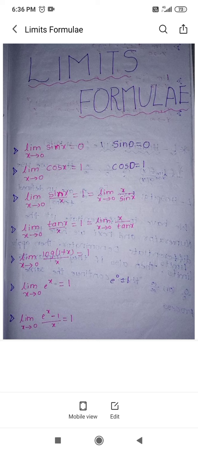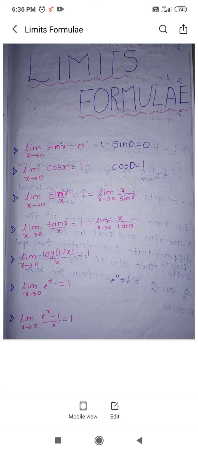Next formula, limit x tends to 0, tan x by x is equals to 1. Same as sin, in the numerator we have to write the x coefficient of tan x by x. What is the coefficient of x in the numerator? 1. So answer is 1. For example, limit x tends to 0, tan ax by x. What is the answer?